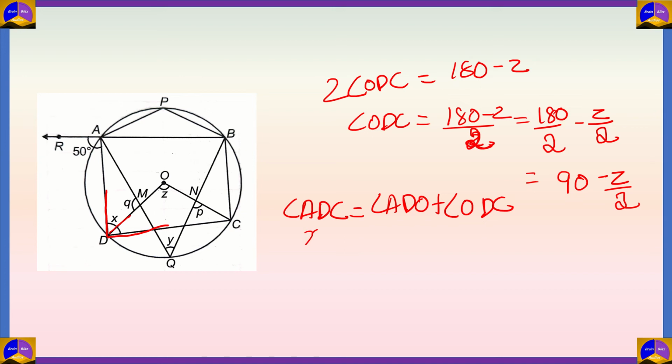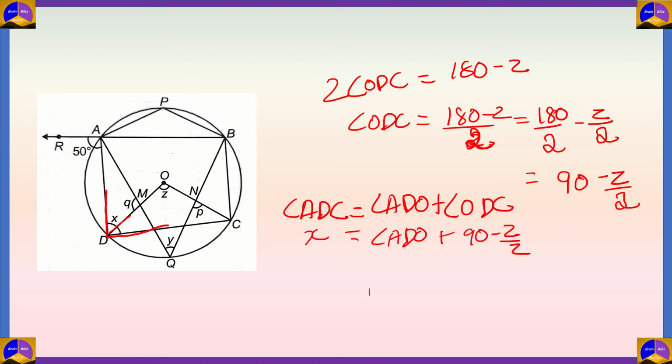They have marked it as X. So ADO, we can write that as ADO since we have to find it out. And ODC we have found as 90 minus Z by 2.